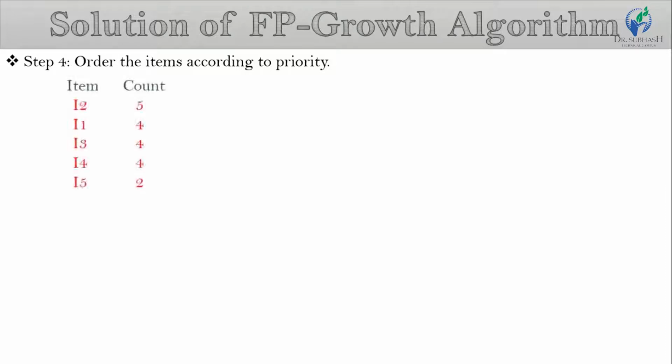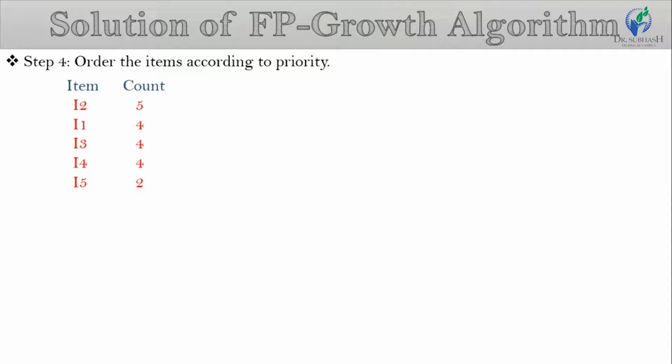Now the next step is to order the items in the table according to priority. This means we can order the items in the input column according to their priority, which was mentioned in the earlier step. In the earlier step we found this table.